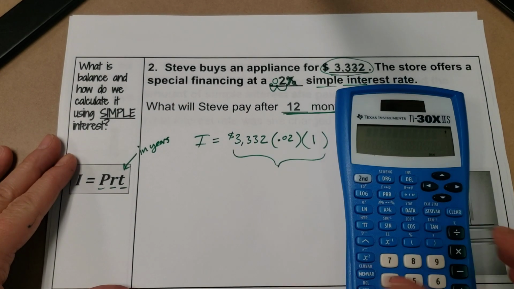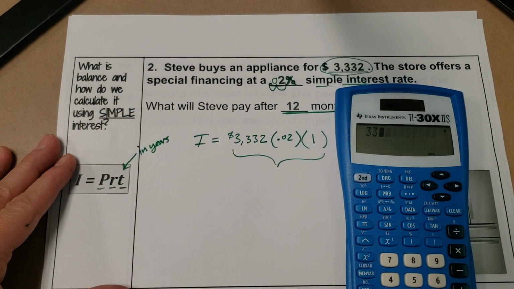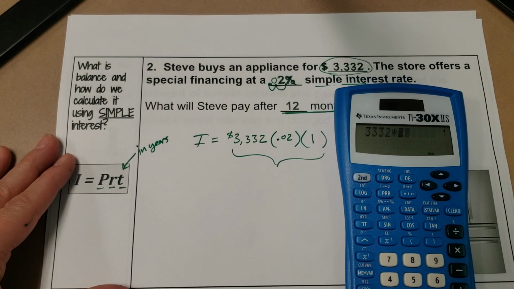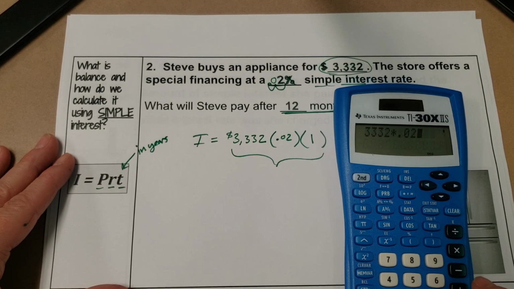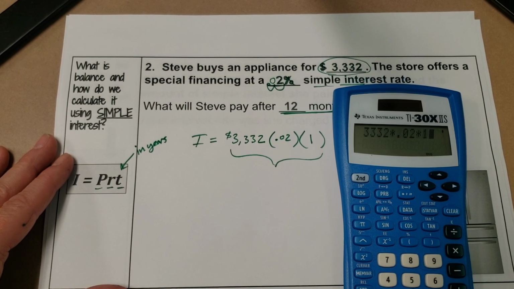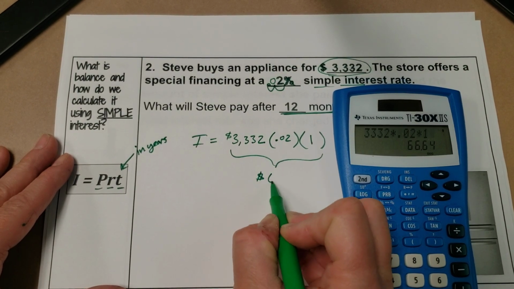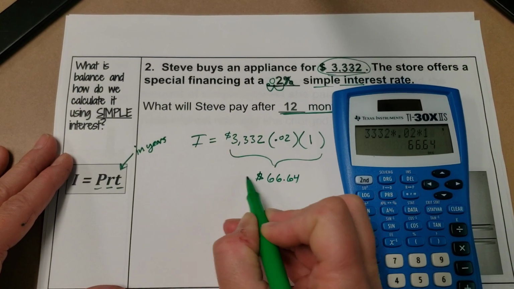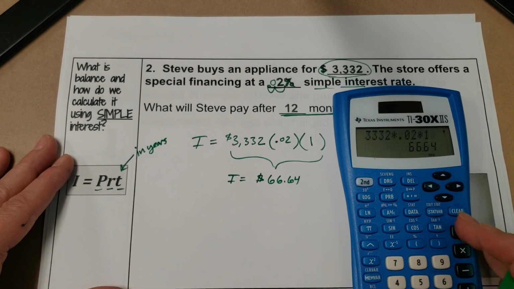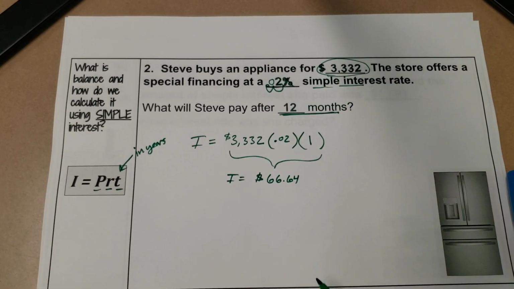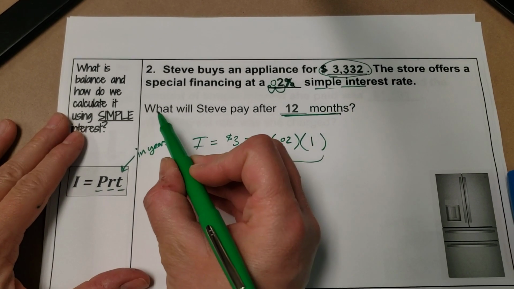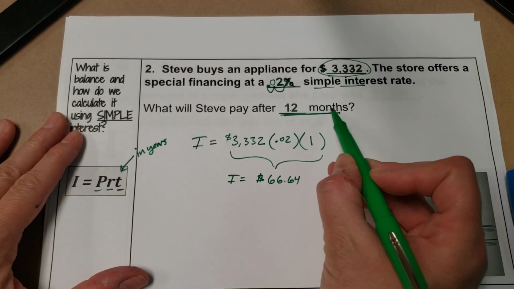All right, let's use the calculator and see if we can do 3,333 times 0.02, or 2% interest, times 1 year. Looks like we're going to have to pay $66.64 in interest. That's what Steve will have to pay in interest. But let's go back to the question. It said, what will Steve pay after 12 months?